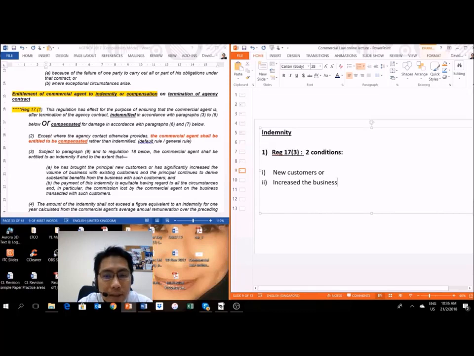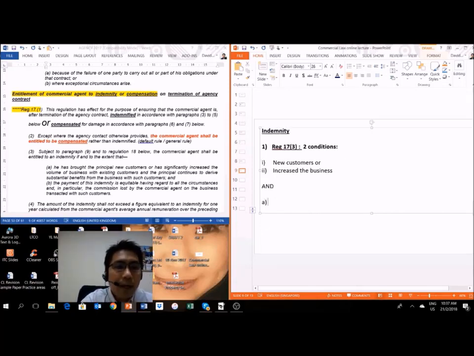But what is important is that apart from these two conditions, there are also two further additional rider conditions. We must also show, and I put now as A and B, A, that the payment is equitable.